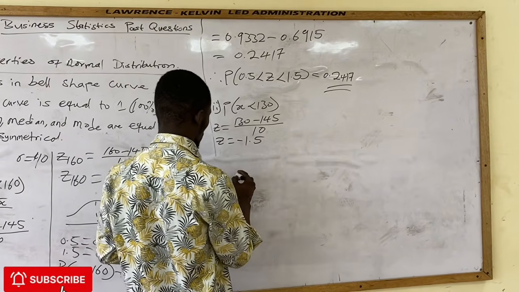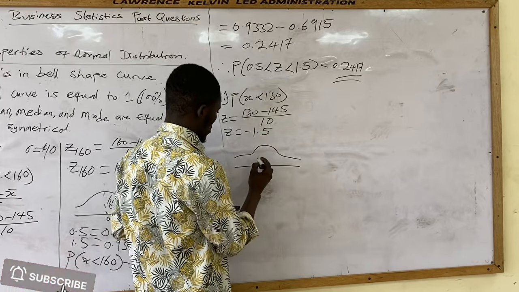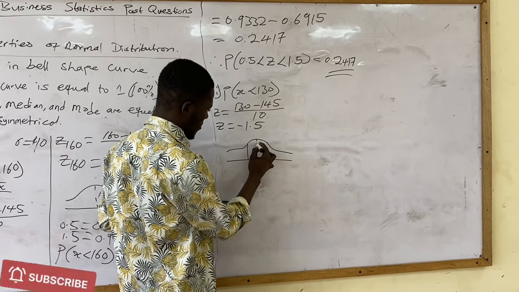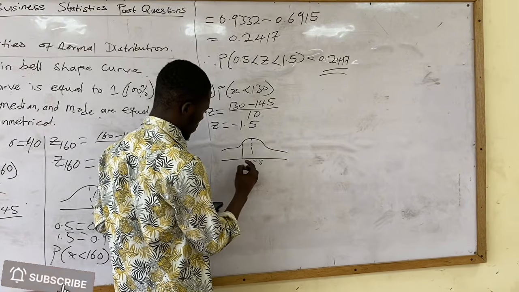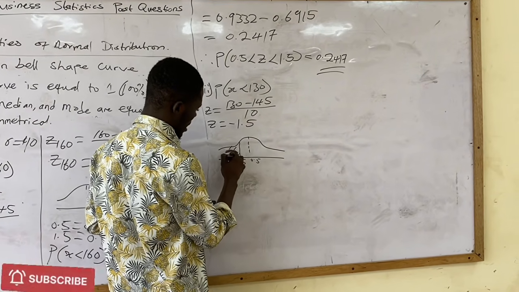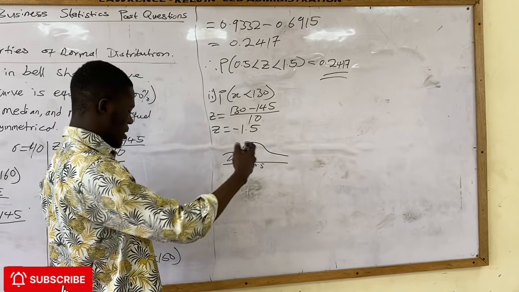Okay, and if you draw this, it will look like this, minus 1.5, because it is negative. We have our 0.5 here. Okay, so minus 1.5 will be here, at this point. So let's refer to the z-score table.